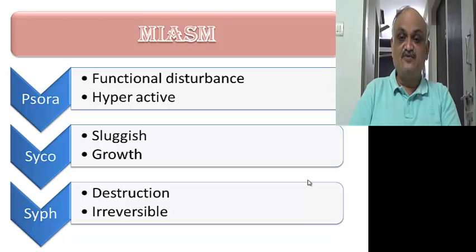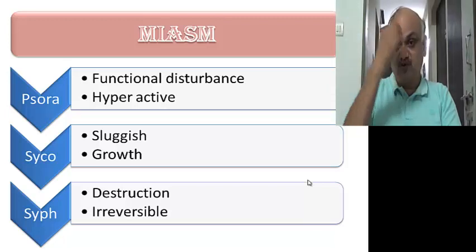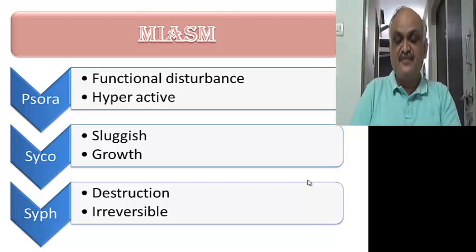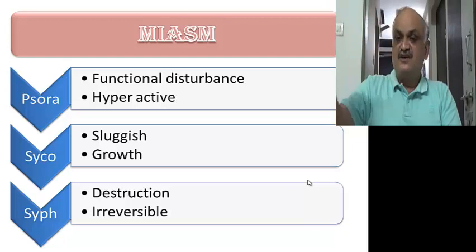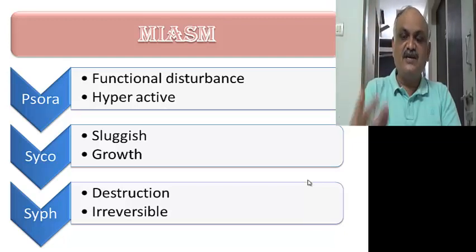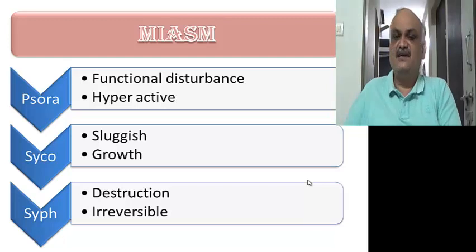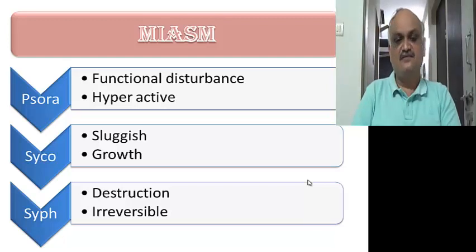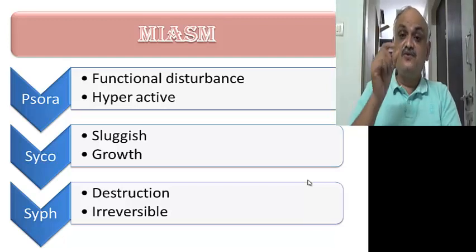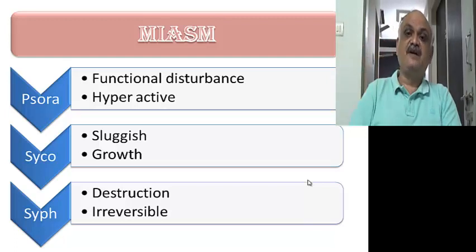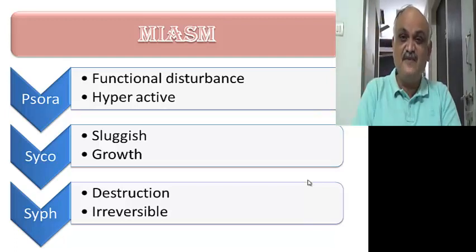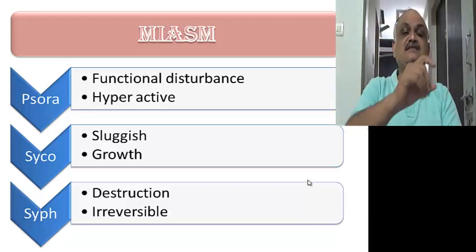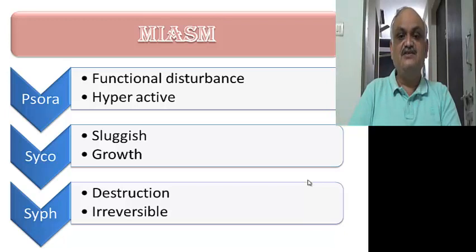But what happens, suppose your case has all the symptoms you put in the repertory and all the symptoms have psoric expression and you select a syphilitic remedy, it won't work. If you wrongly select a similar medicine instead of the similimum, the exact one, but your miasm is correct, then the medicine is surely going to affect your case.